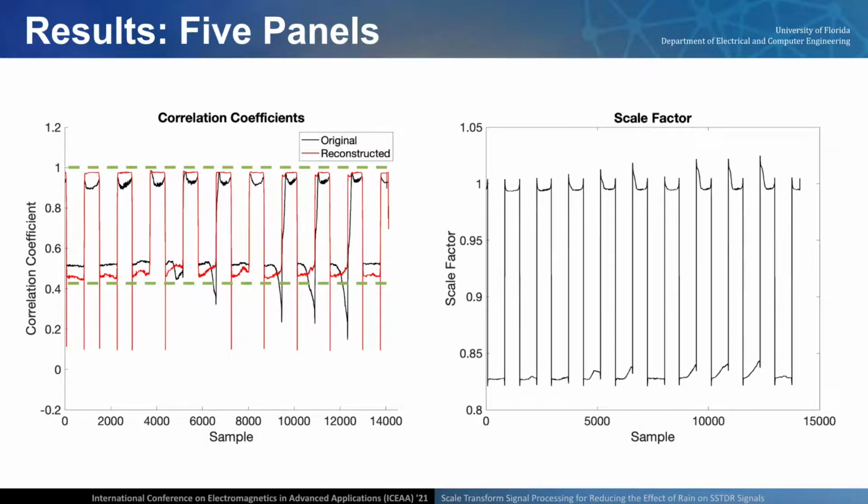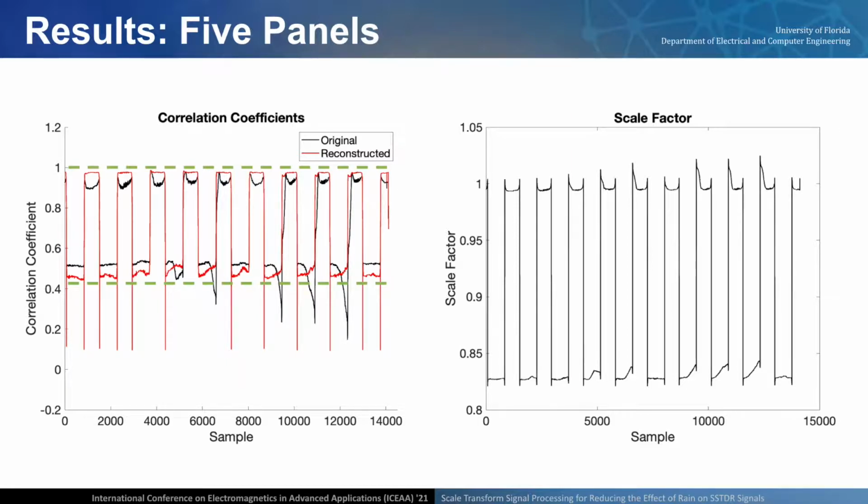What we see as we move from the black, which is the original correlation, to the red, which is the correlation after we performed our scale transform, is that we're able to reduce a lot of the noise that's coming from our signals. As you look up at the top green dotted lines, we see a lot of fluctuation in the black, right?